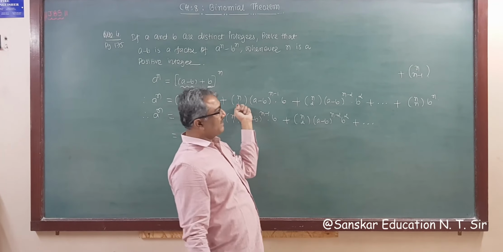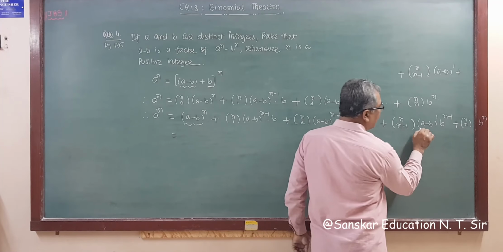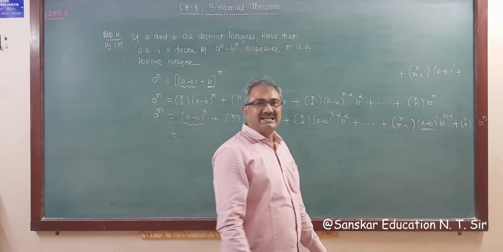So the second last term of this is nc n minus 1, a minus b raised to 1, and b raised to n minus 1, and then the term ncn b raised to n is there. Got it? So the only possible value of a minus b is 1 here.